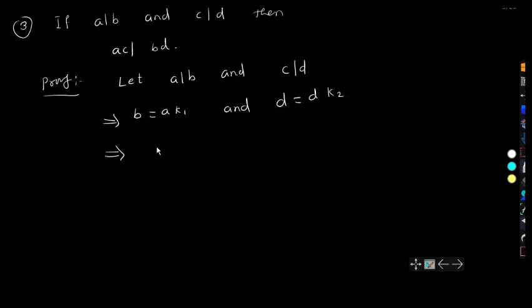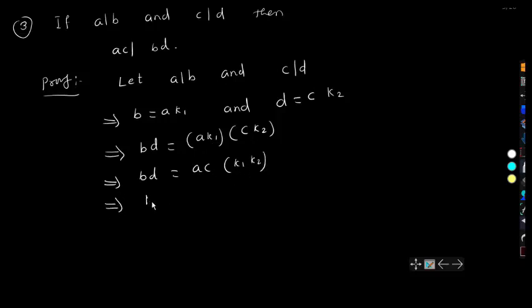This implies that BD, where B is AK1 and D is CK2, so BD is equal to AC K1 K2.